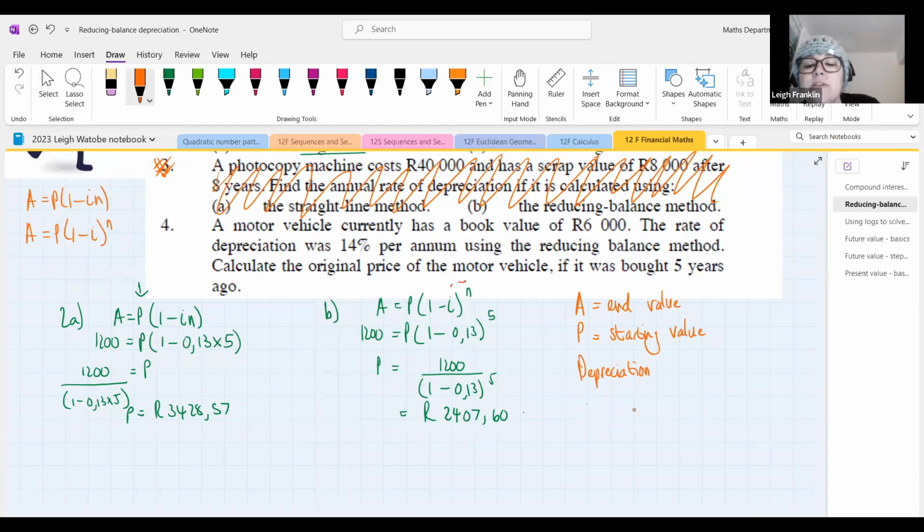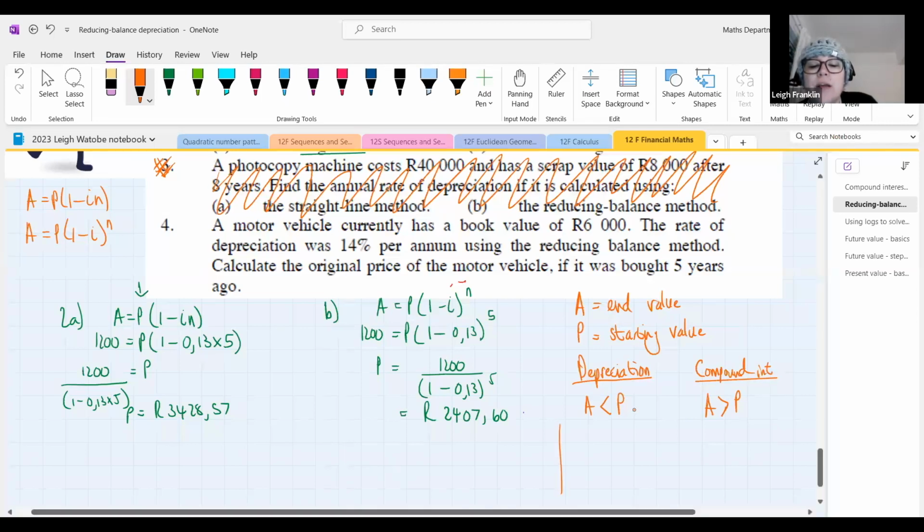So as far as your A and your P are concerned, with depreciation, your end value A is smaller than your P. When it comes to compound interest or even simple interest, your end value A is bigger than your P. So with depreciation, you are starting up here and ending down there.